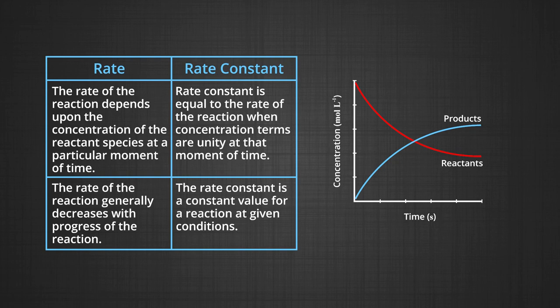Also, the rate of the reaction depends upon the concentration of the reactant species at a particular moment of time, while the rate constant is equal to the rate of the reaction when concentration terms are unity at that moment of time. The rate of the reaction generally decreases with the progress of the reaction. On the other hand, the rate constant is a constant value for a reaction at given conditions.